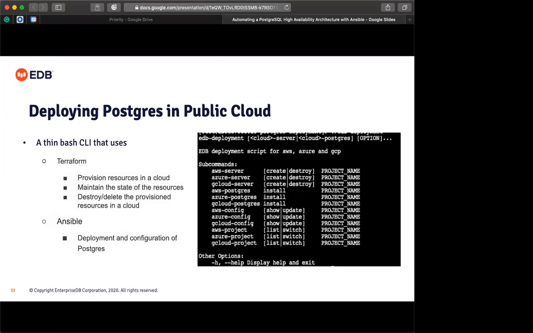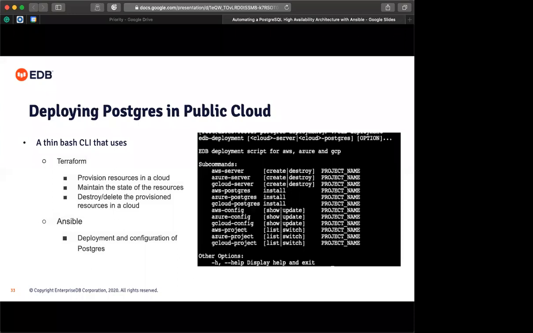After creating the servers, you would like to deploy the core architecture. For that, we have a specific command for each cloud, called AWS Postgres install, which deploys the core reference architectures we discussed on those machines or resources created by the AWS server create command. Again, this is available for your use. It's an open source project.